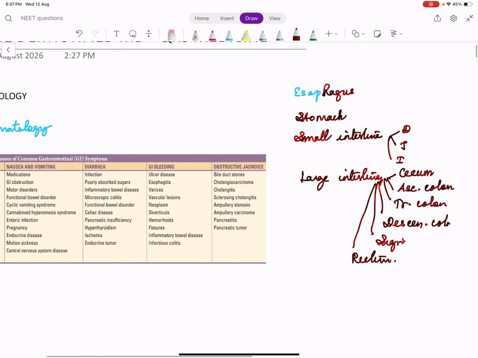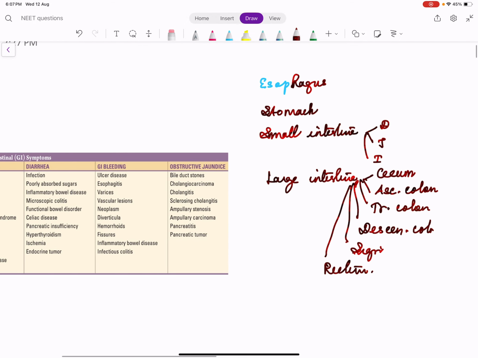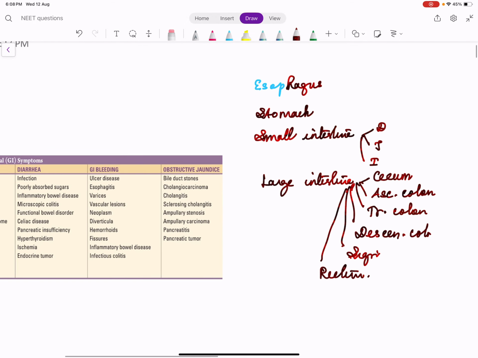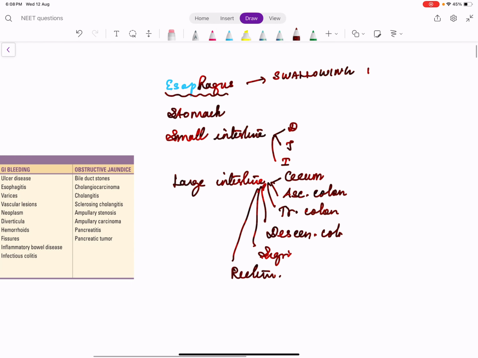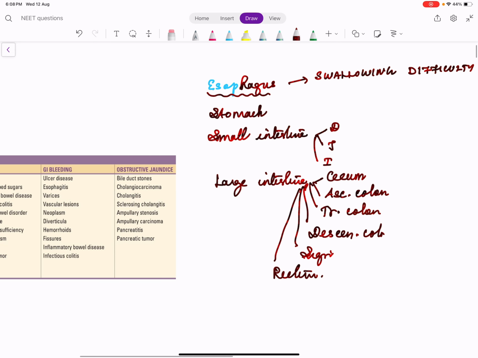So even though this is a very basic concept, revising this may be useful because esophageal disorders usually present with swallowing difficulty or dysphagia. Painful swallowing is called odynophagia. So odynophagia and dysphagia both are symptoms of esophageal disease.